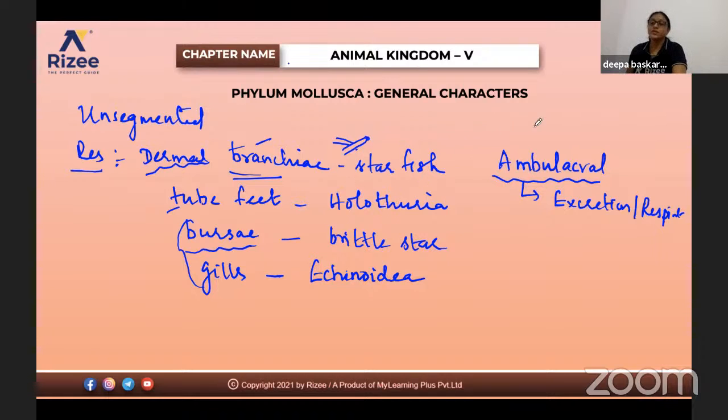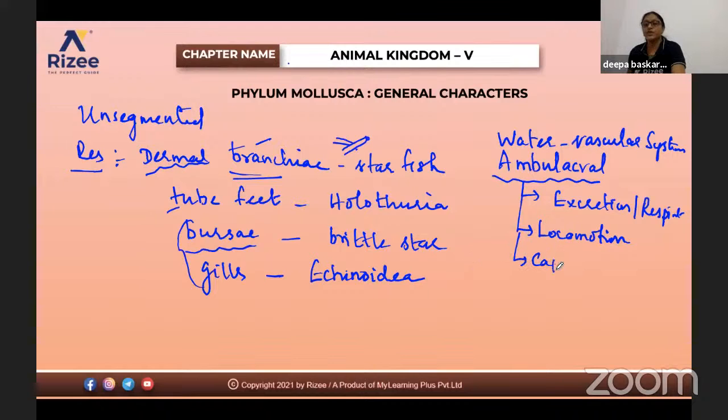So this water vascular system, which is called the ambulacral system, is involved in excretion, respiration, locomotion. Clear? And apart from that, capturing and transport of food also. These are the major roles of this ambulacral system, not only respiration.